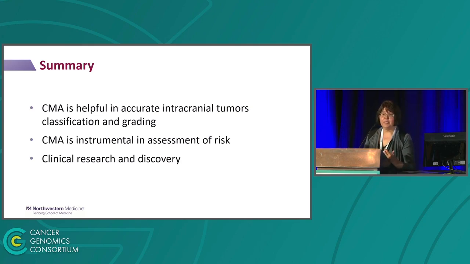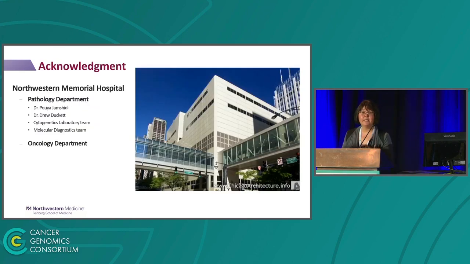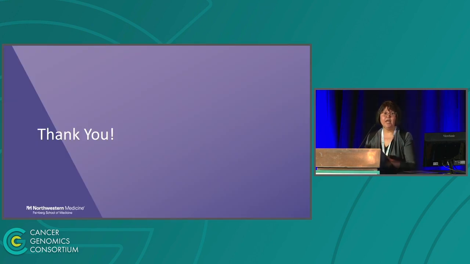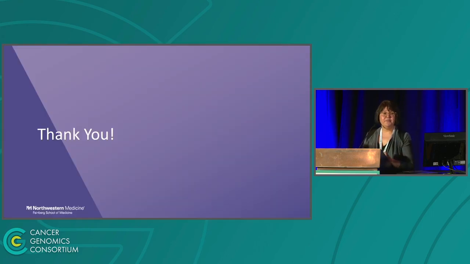It's inevitable. And in this case, these 3 illustrations hopefully prove that chromosomal microarray analysis is very, very helpful. It helps to identify ploidy. It helps to identify copy number changes, and it helps with diagnosis and risk stratification. Thank you.